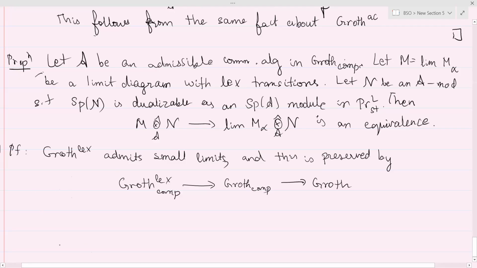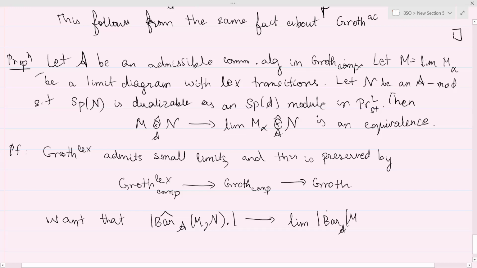So we want that the relative tensor product of M with N is an equivalence.